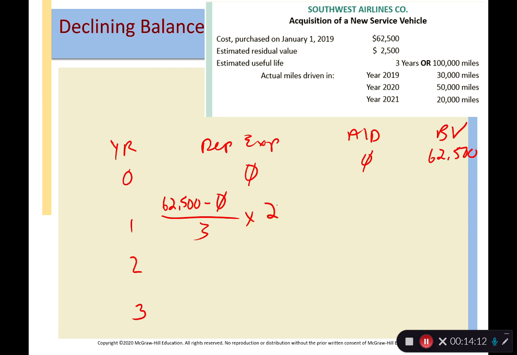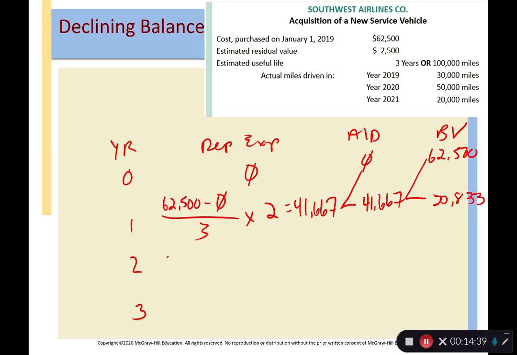So I'm going to need a calculator for this one. 62,500 divided by 3 times 2 gives me 41,667 rounded. So that means the accumulated is 41,667 and the book value would be 62,500 minus that, which is 20,833.